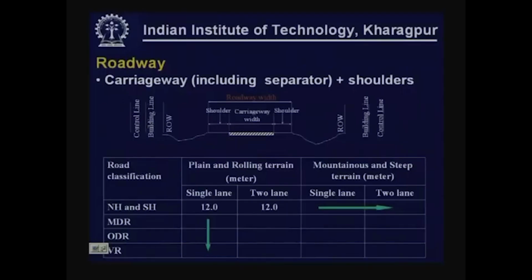Obviously, the values are higher for higher category roads, namely national highway and state highway, and the value reduces as we move from national highway and state highway to MDR, ODR and village road. Again, the requirement for single lane and two lane are often different. One can refer to the suitable Indian Roads Congress codes for understanding the actual width which is prescribed for Indian conditions.